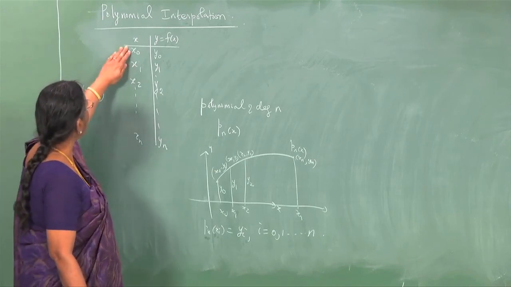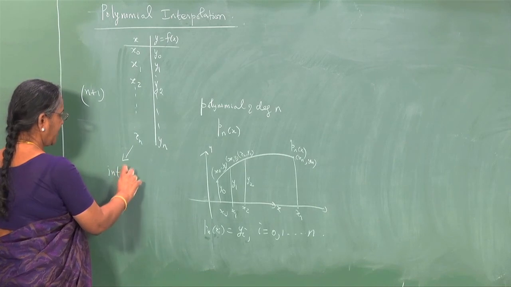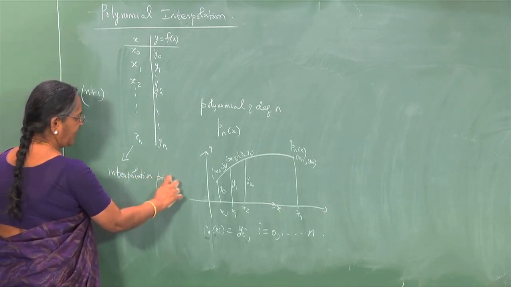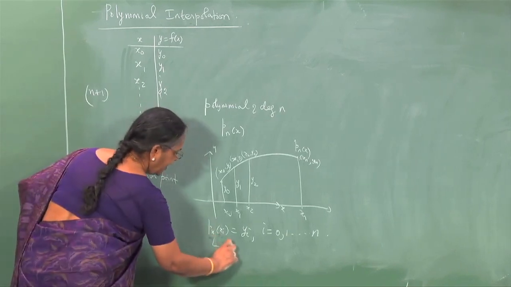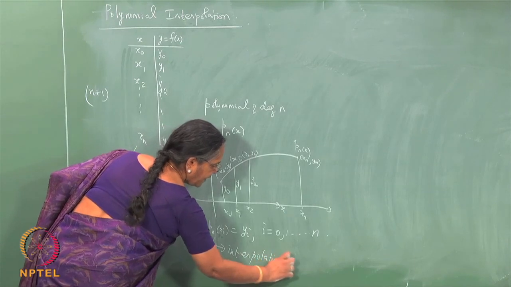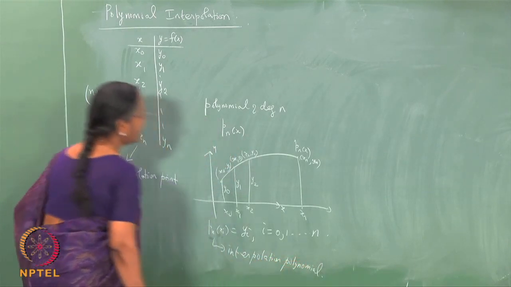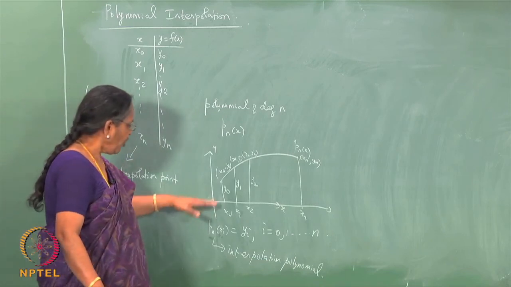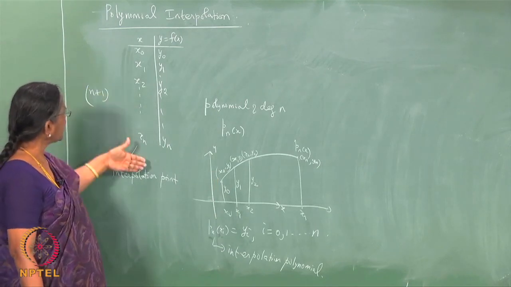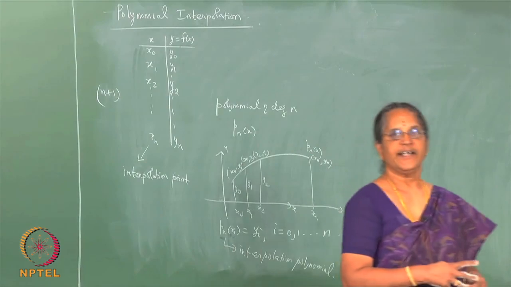We call these points x0 to xn as interpolation points, and the polynomial is called the interpolation polynomial. So, mathematically we want to obtain a polynomial of degree n that fits a given set of n plus 1 data points.